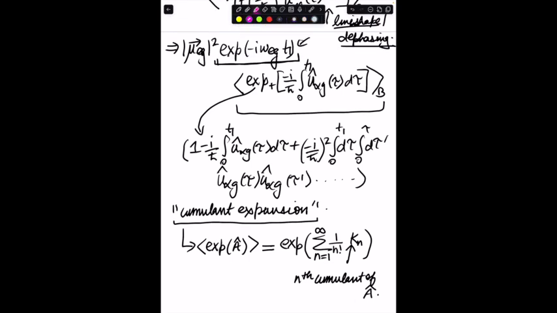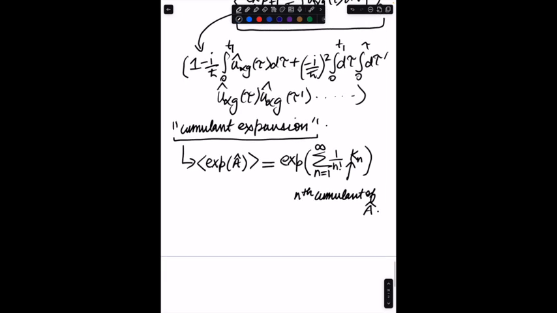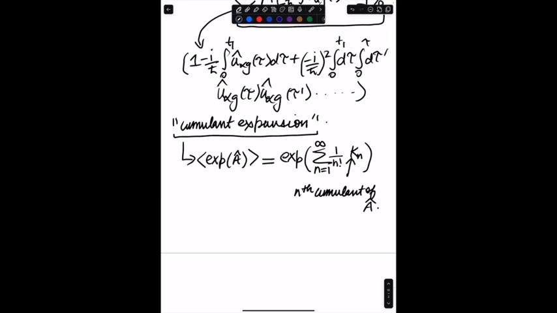We are trying to calculate the expectation of an exponentiated operator as the exponential of some cumulant of that operator. So that would help us a lot in our progress here.